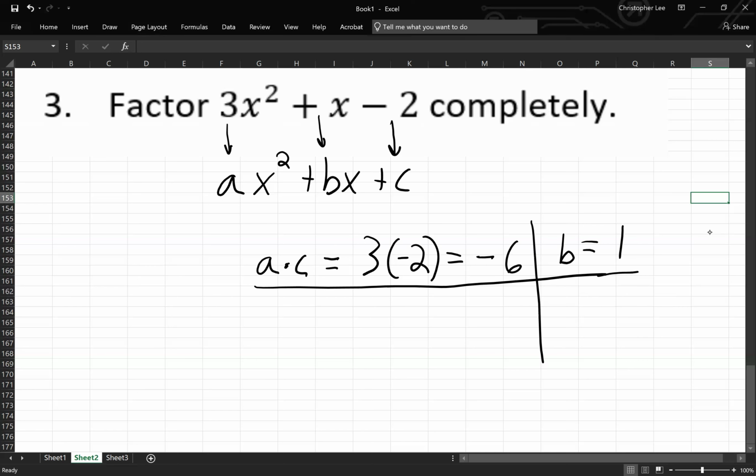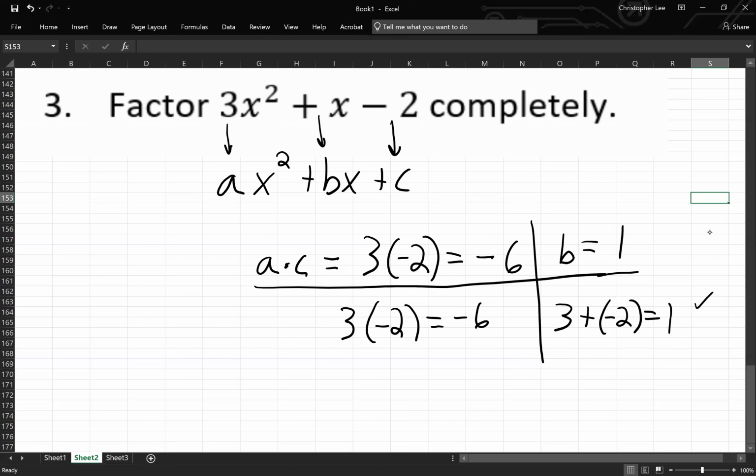All right, this is the hard part now. I need two numbers that multiply to -6 and add up to +1. 3 times -2, that's -6. But let me see what 3 plus -2 is. That's +1. That checks out.